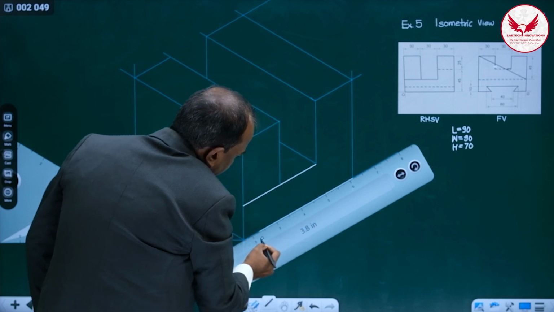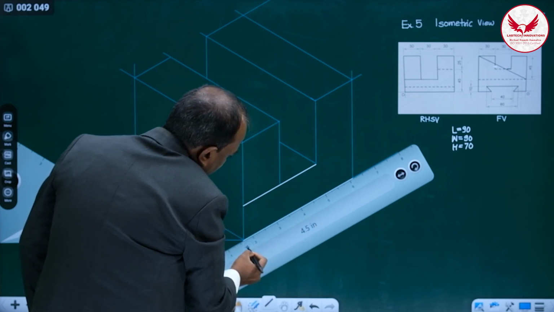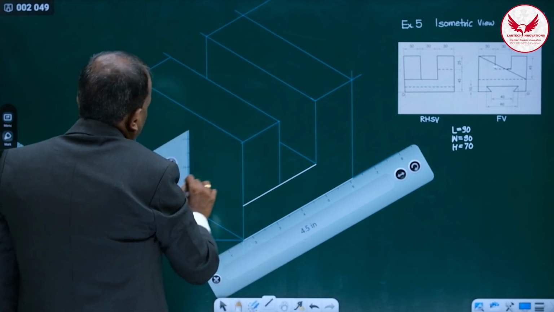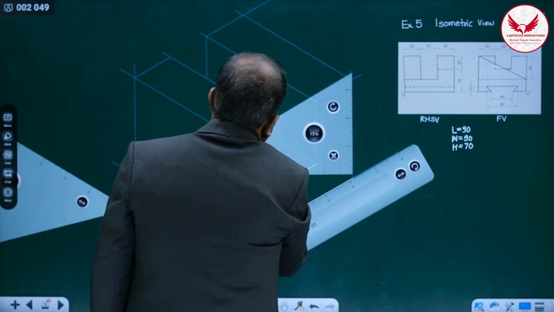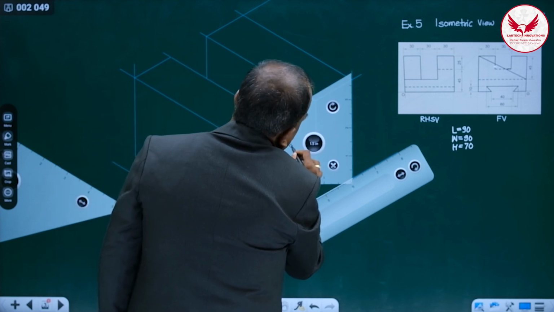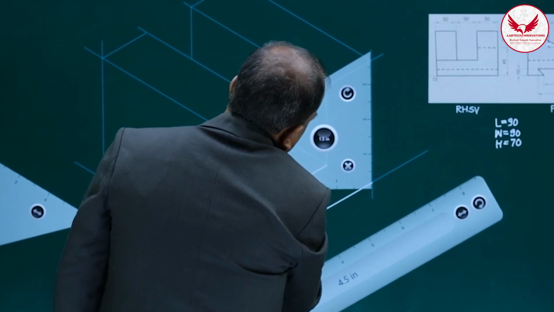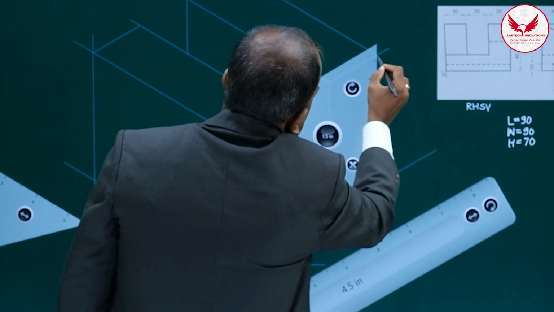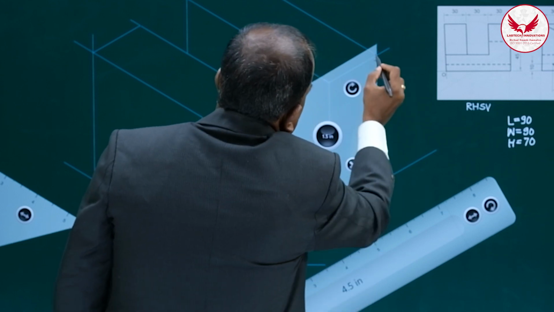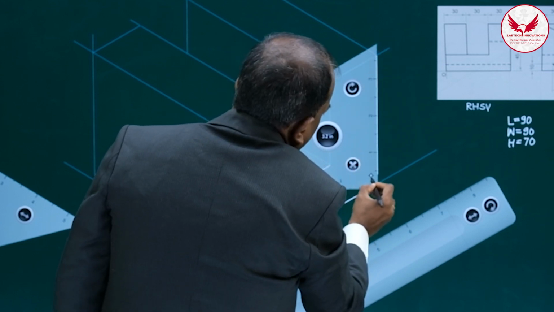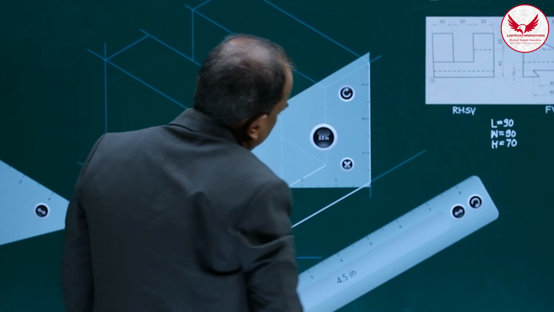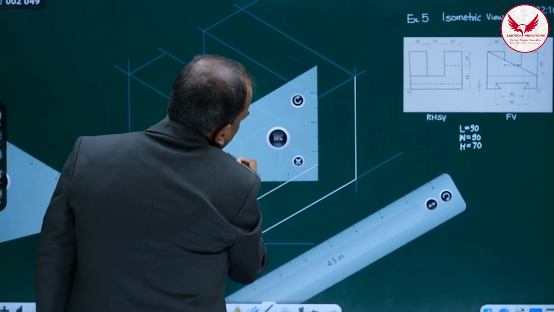It will start with this and go up to the origin, and now its height is 80. I'll mark 80 like this. This is 80.